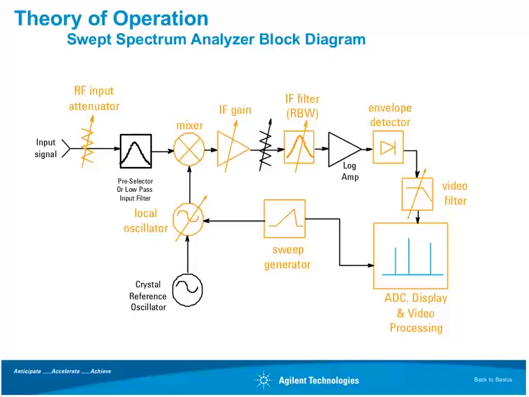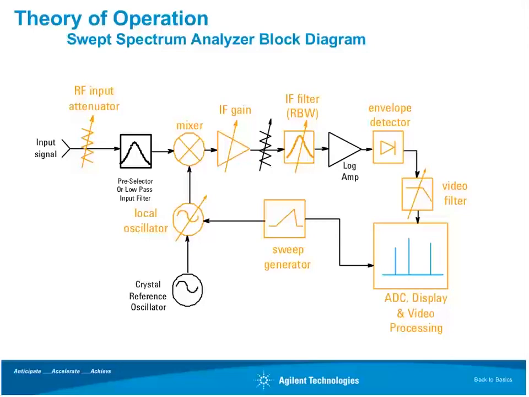This gives us some ability to control the signal level coming in. In particular, if you have high-level signals, you want to add enough attenuation to bring that signal level down to make sure that you're not overloading or causing distortion in the mixer, or worse yet, you could even damage the front end. Typically, the next thing you'll find in the signal path would be some kind of filtering.